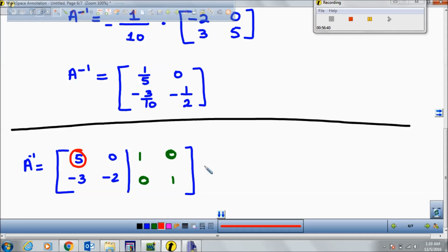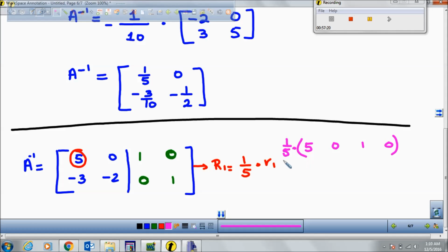So to make that 5 into a 1, located in row 1, we're going to multiply 1/5, the reciprocal of 5, times every number located in row 1. So we're going to write all the numbers in row 1, 5, 0, even the numbers after the line, multiply times 1/5.